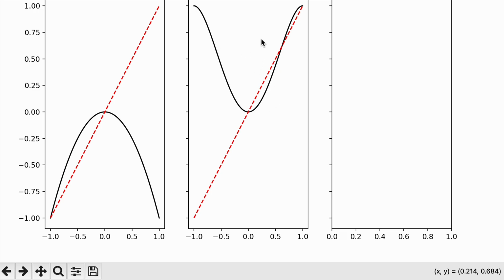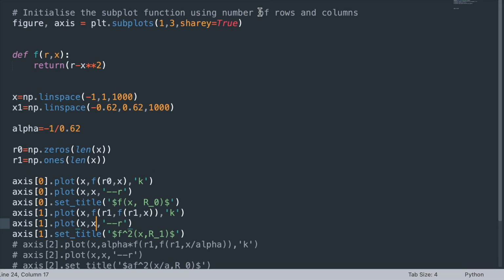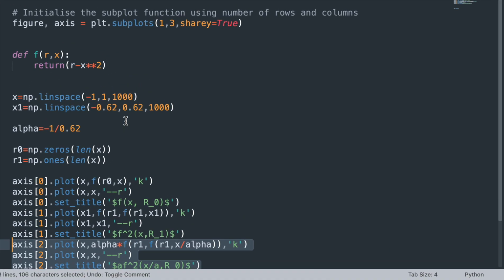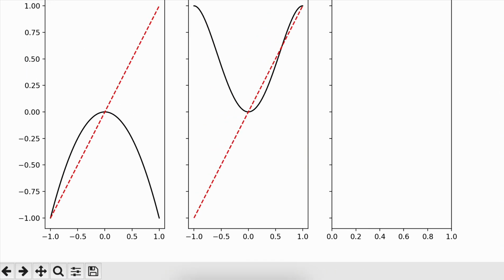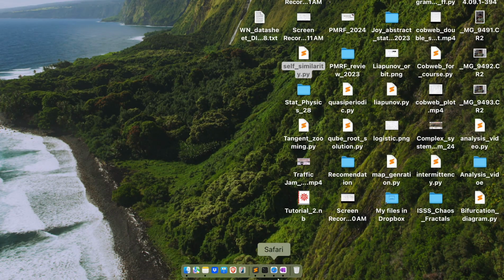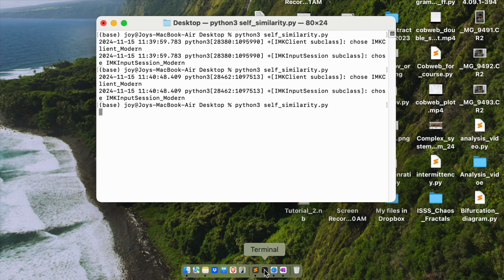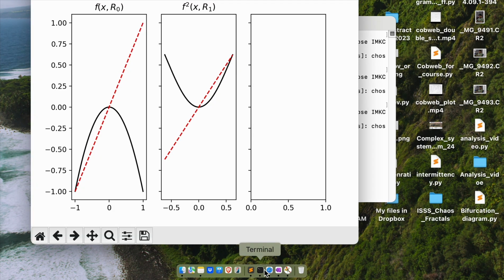So if I only focus on this part of the map, I have focused only on that part where this is f square x, only this smaller part that we are showing here.